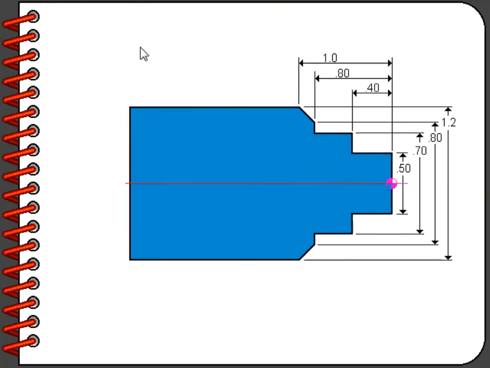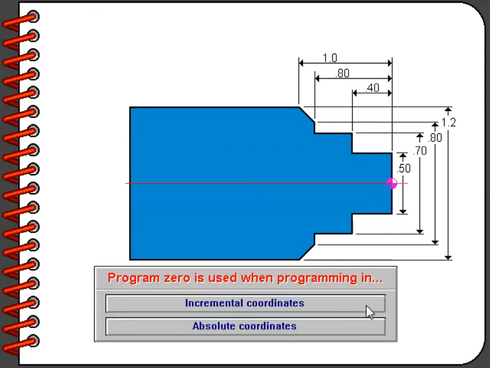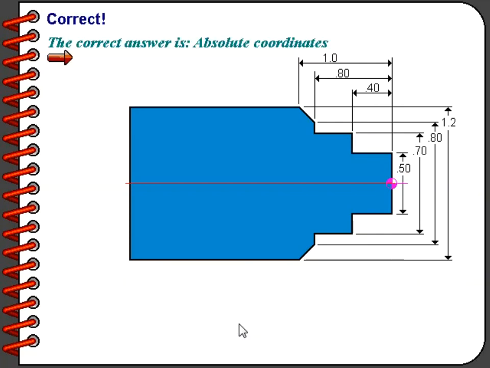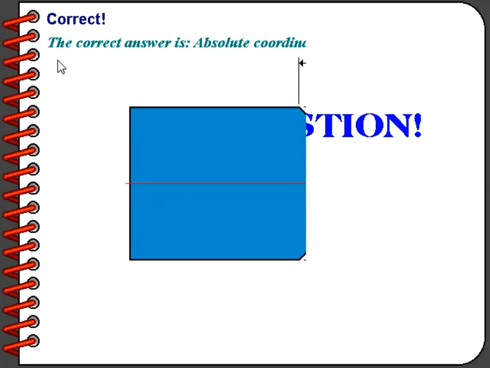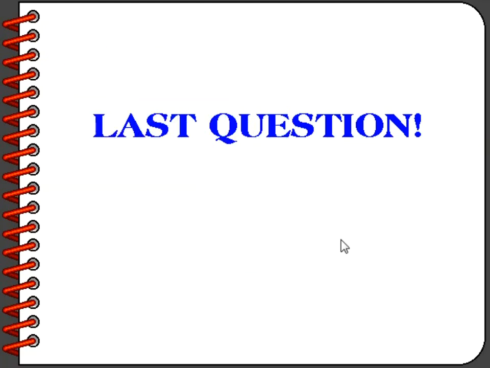Let me see. Did we use program 0 for incremental coordinates or absolute coordinates? Don't give up now. This is the last question.